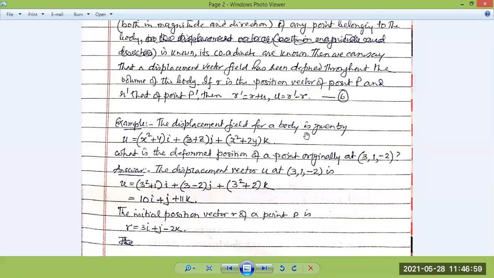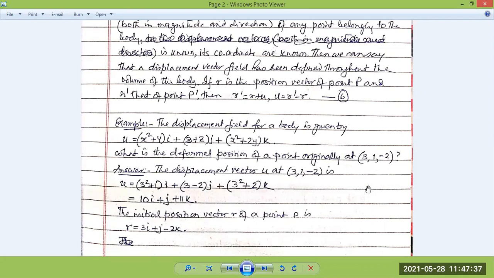The displacement field of a body means the displacement vector anywhere in the body is given by this particular equation, where we can get the displacement vector of respective points by putting in the coordinates of the initial point, so that you can add this displacement vector with the initial coordinate position vector and get the final position vector of any point within the body itself. The same is being asked: what is the deformed position of a body? Originally it was at (3, 1, minus 2).